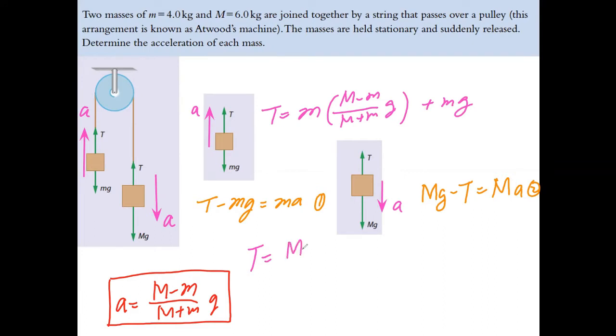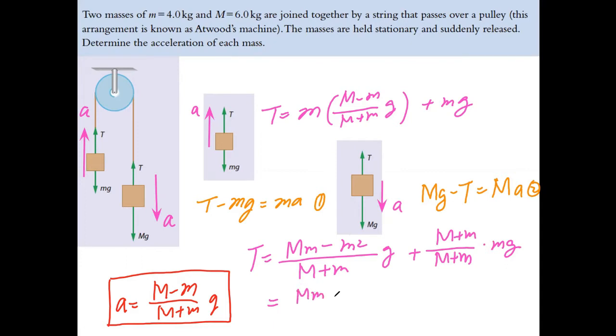That is m1 times m2 minus m1 over m1 plus m2 g, and we would like to make the same denominator, m1 plus m2 over m1 plus m2 times m1g. Simplifying, m1 times m2 minus m1 over m1 plus m2 g plus m1 times m1 plus m2 over m1 plus m2 g.